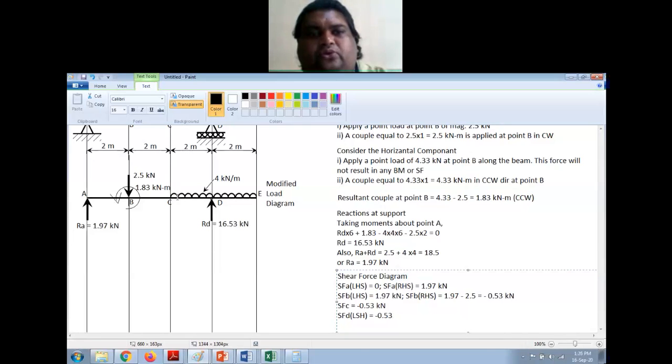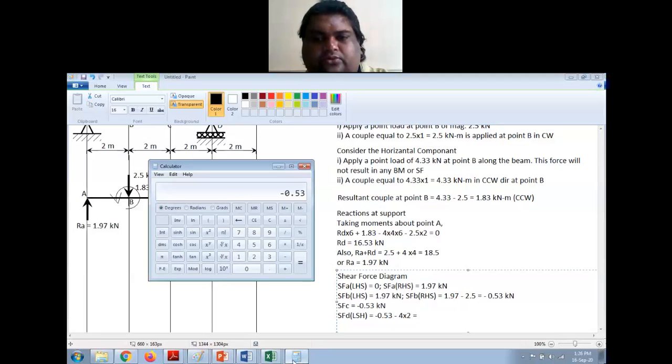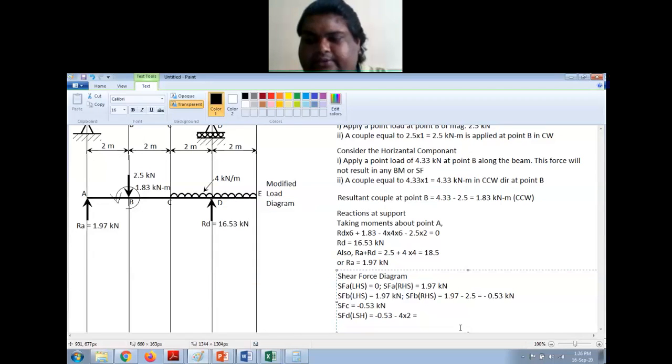So the total load between C and D is 4 into 2 equal to 8. So minus 4 into 2. So minus 0.53 minus 8. That is minus 8.53. Minus 8.53 is the force here, right, on the LHS, kilonewton.